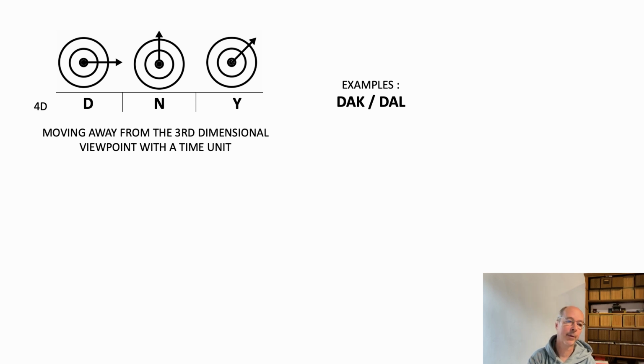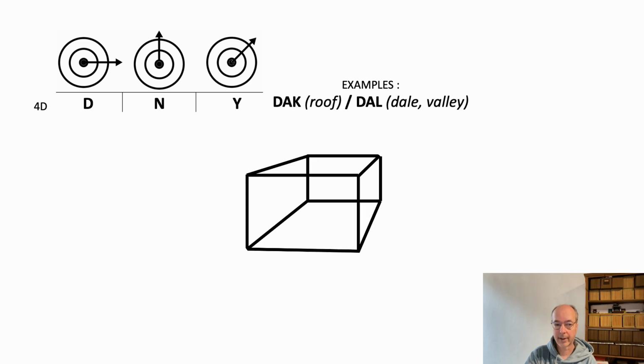This time can be connected in the horizontal, vertical, diagonal plane easily, and there they will find a connection, and I explained them there as well. So I used examples dak and dal. Dak is a roof, and dal is a dale or valley. Valley is a better word. That is the English word for it.